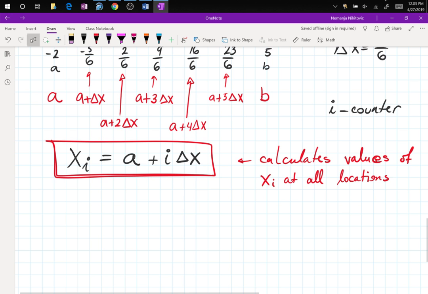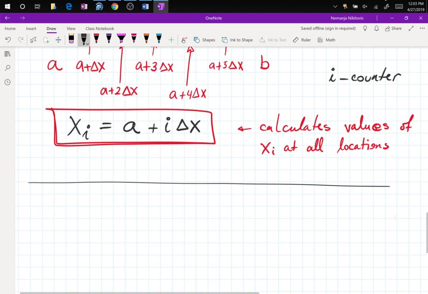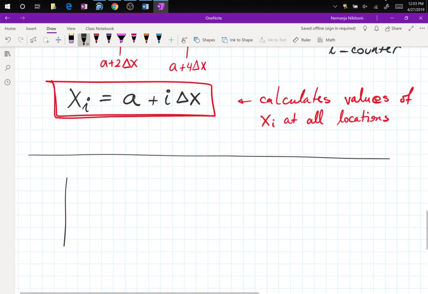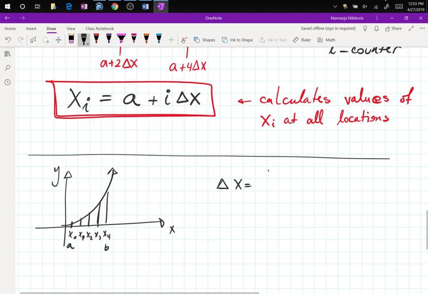All right, so to recap, we have some kind of a function. We create rectangles underneath that function. These rectangles have x0, x1, x2, x3, let's say x4, where the first one and the last one are a and b. We have a formula for delta x as b minus a divided by n to calculate the delta x increment.